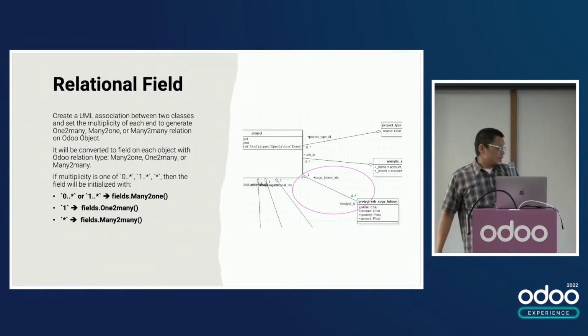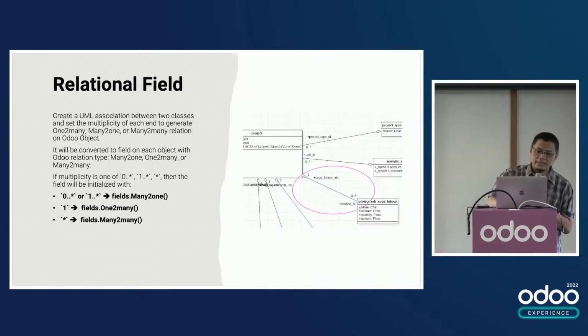Okay, for the relational field, as with the standard UML diagram, we draw a line to connect or relate two classes, and then put the notation whether this is a many-to-one field, one-to-many, or many-to-many by selecting the notation here.